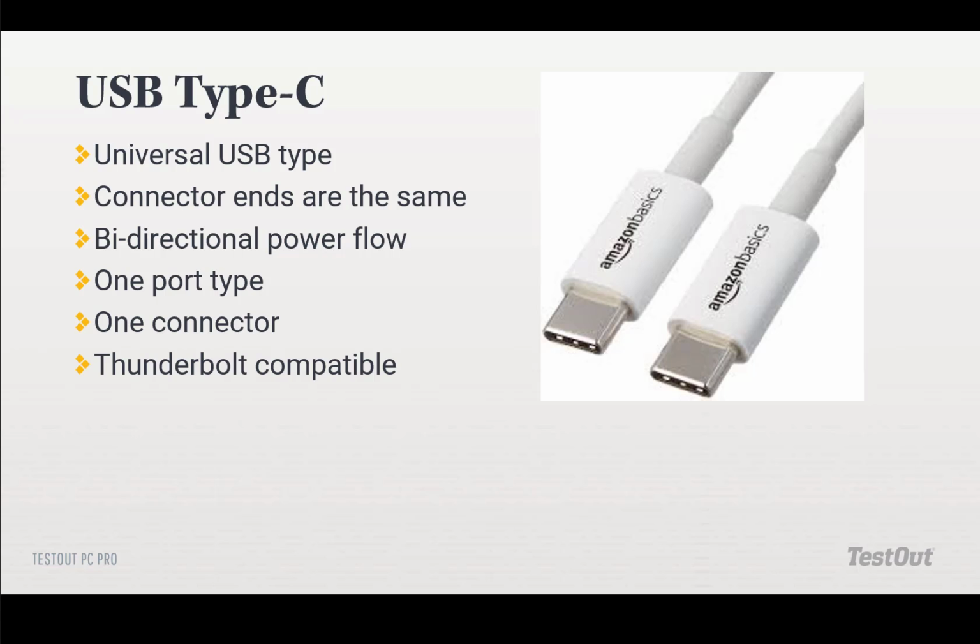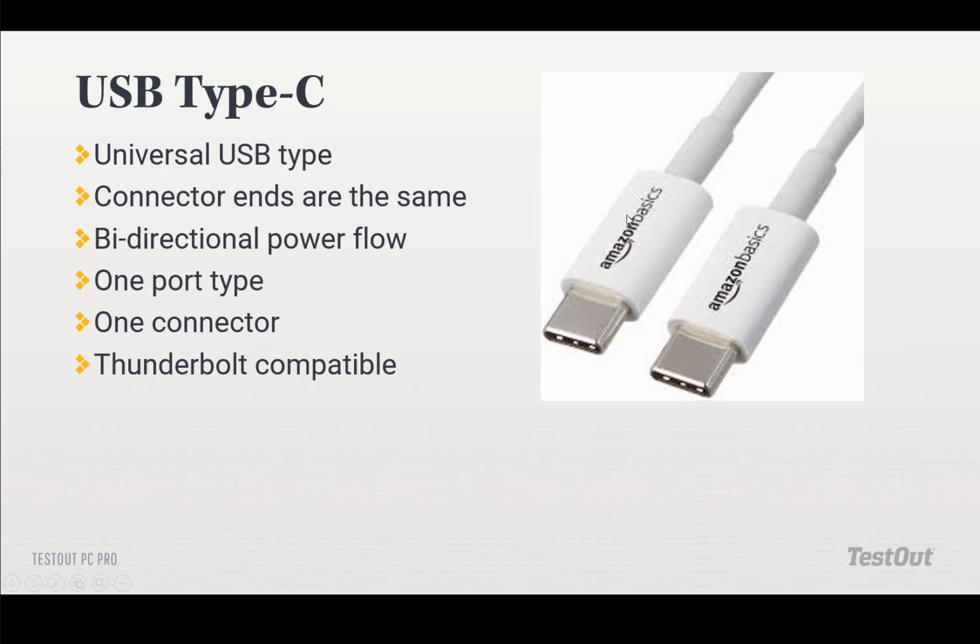Both ends of Type-C connectors are the same, no Type A and no Type B on the other end, and the cord allows bidirectional power flow. So a host device can charge the peripheral, and the peripheral can charge the host. The best part is you don't need a specialized connector for each pair of devices. All ports Type-C and one connector will work for all ports, even the Thunderbolt ports and newer devices.